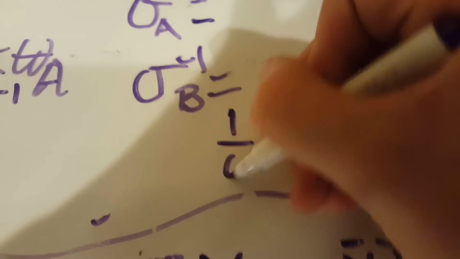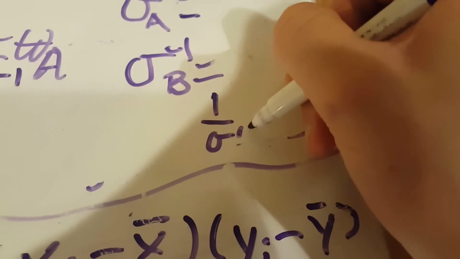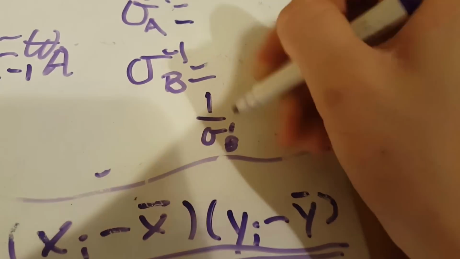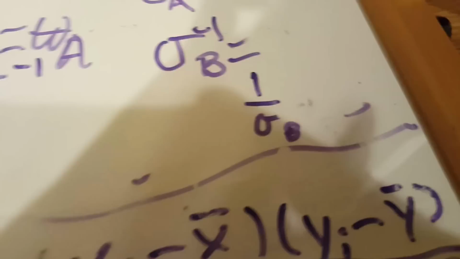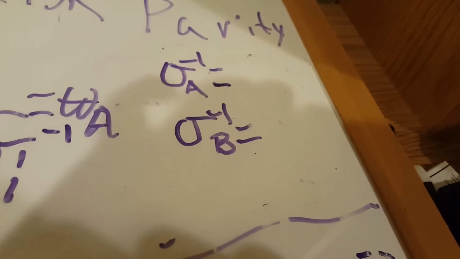You take the reciprocal, and that's basically, if we do it for B, 1 over the standard deviation. That'll give us usually a whole number unless it has over 100% risk. But that'll give us a bigger number the less risky. And you'll see why that's going to be useful in a quick second.